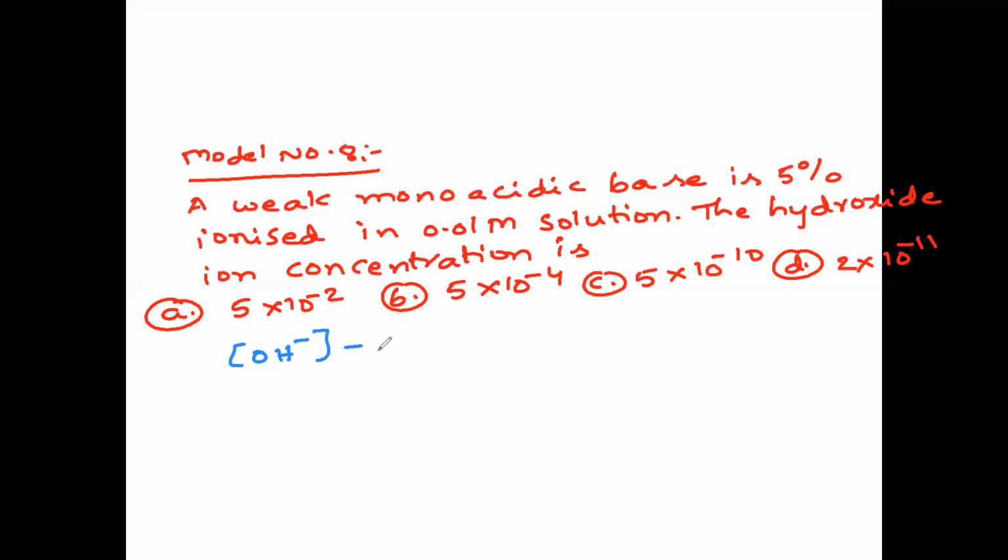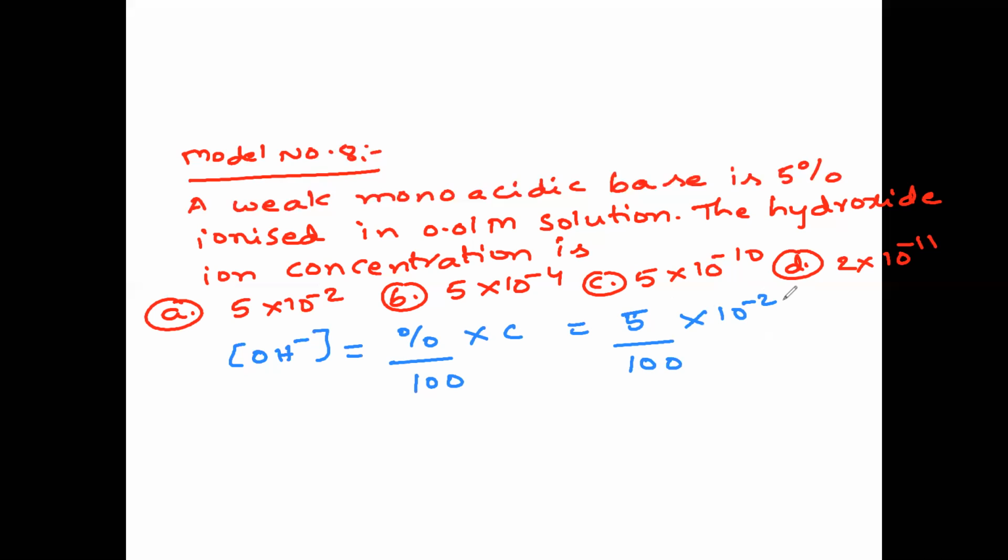So concentration of OH minus ion is equal to percentage by 100 into C, straight formula. Percentage is given 5%, by 100, into concentration 0.01, that is 10 to the power of minus 2, into 10 to the power of minus 2.